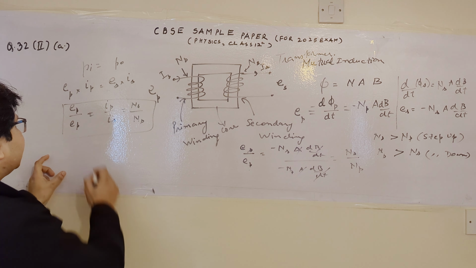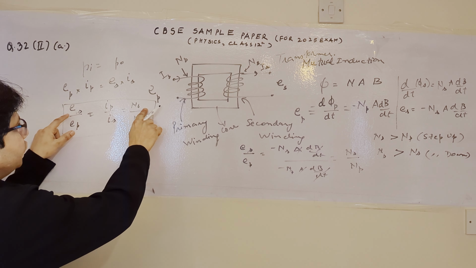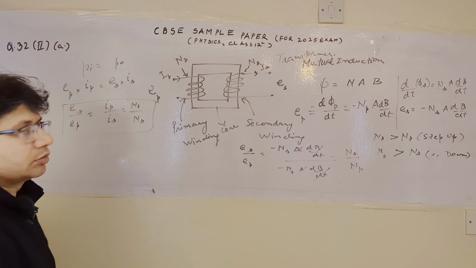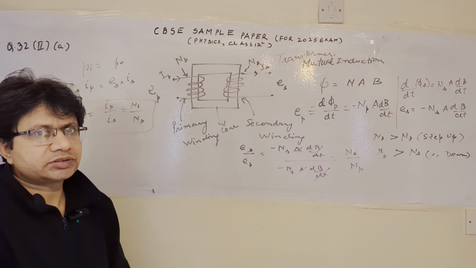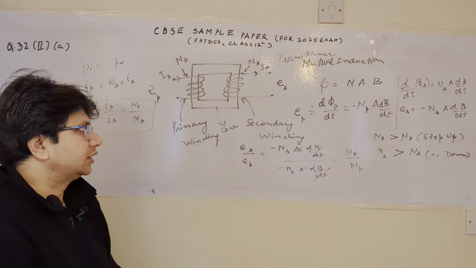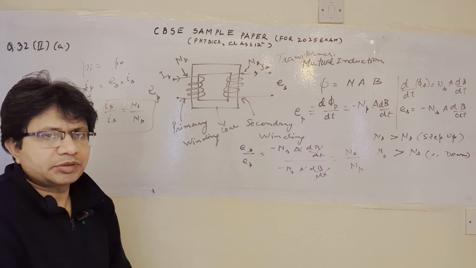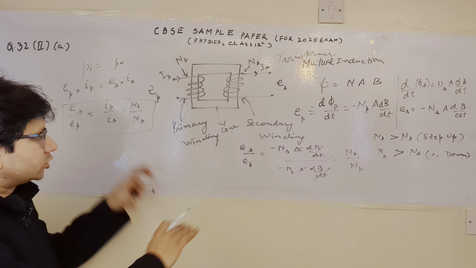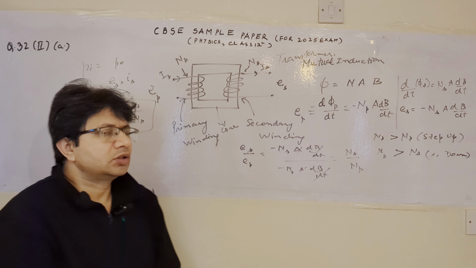So we can easily see that the EMF is directly proportional to the number of turns, whereas the current is inversely proportional to the number of turns. So it means that if the number of turns is large, the current is smaller at that particular side, and vice versa. It means if the number of turns is less on a particular side, the current is more on that side. So this is the whole description of the device known as the transformer.